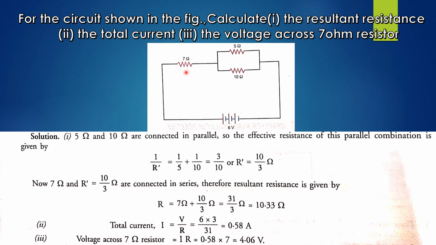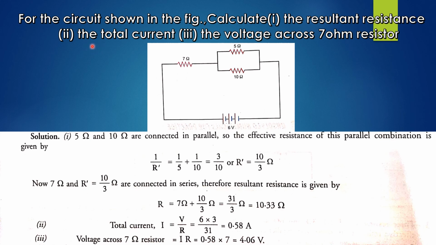Now you can see 7 ohms and the 10 by 3 ohms, that is the effective resistance of this parallel combination, are connected in series. Therefore, the resultant resistance is given by 7 ohms plus 10 by 3 ohms, which is equal to 31 by 3 ohms, that is 10.33 ohms.